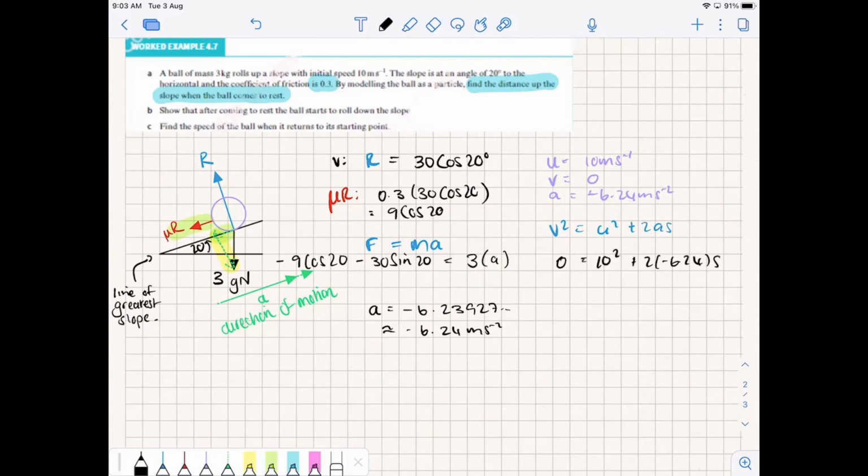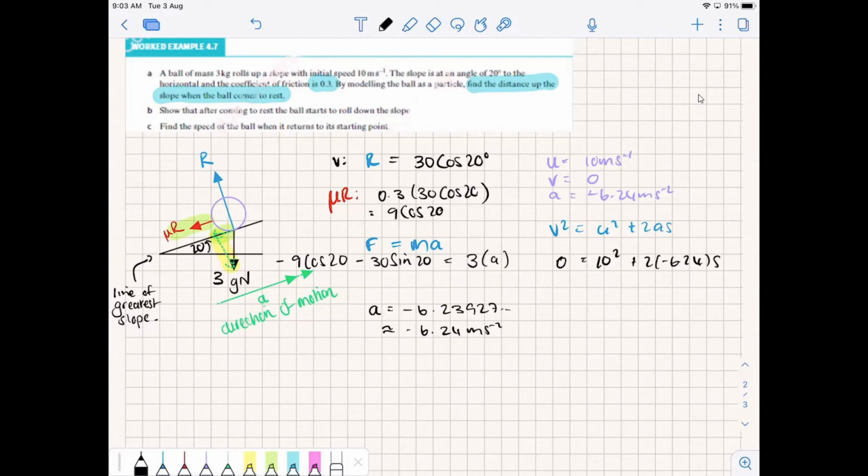You should still have your acceleration in your calculator. So you can multiply it by 2, because it's 2as, right? And you can work out in your head what 10 squared is.